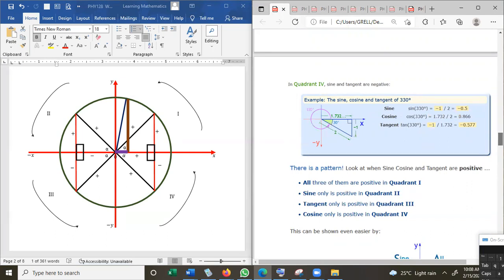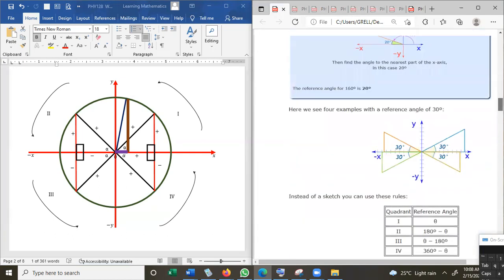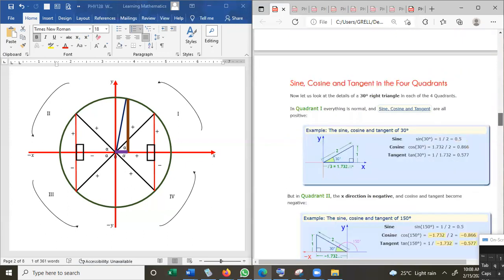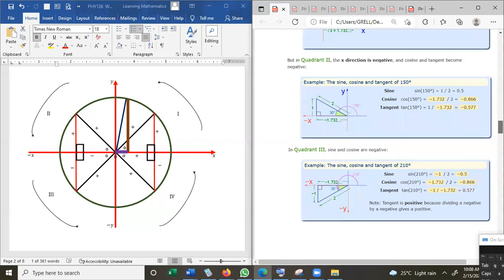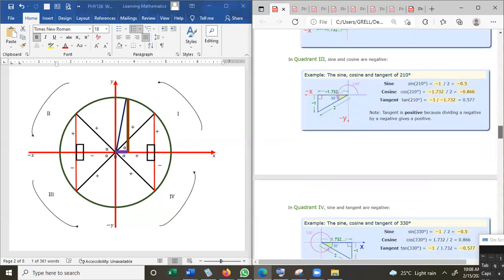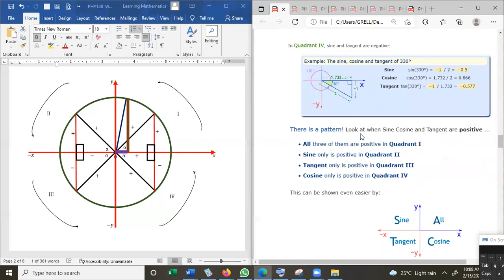So first quadrant, all are positive. Second quadrant, 180 minus. Third quadrant, 180 plus. And fourth quadrant, 360 minus.